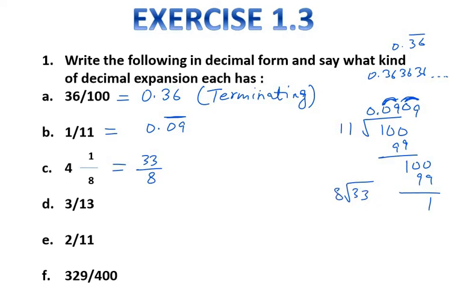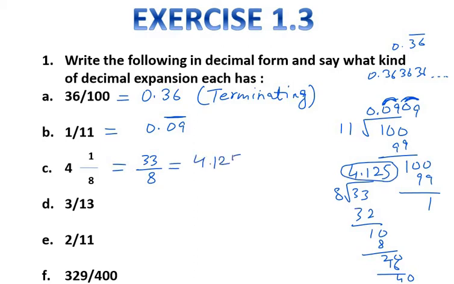So first is 8 into 4, that is 32, remainder is 1, 0, then we need to put the point here, then 1, 8, 2, 0, 20, so 8 into 2 is 16, then 4, 0, 5. So you can see that it has an end. The quotient has an end to it. So when the number has an end to it, then we can say it is terminating.